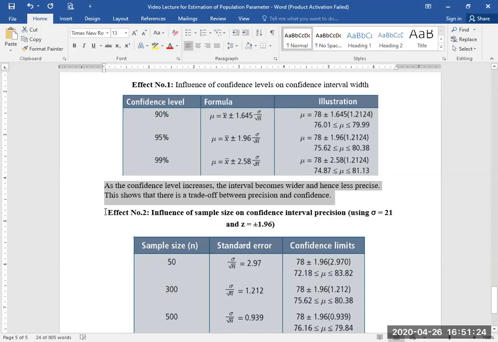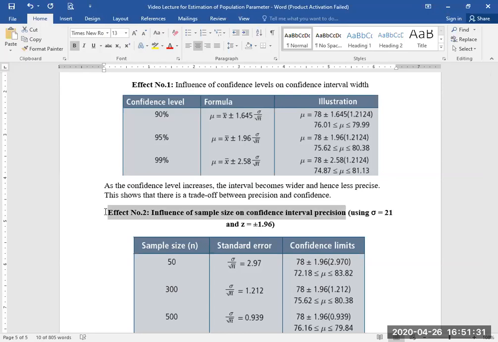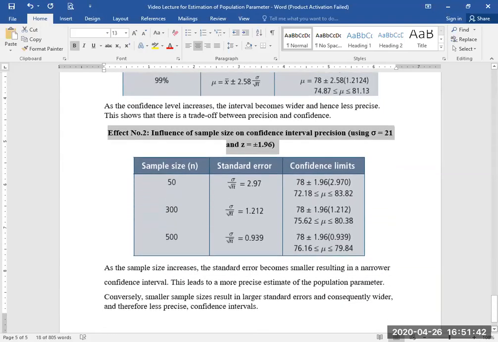Okay, students, effect number two, the influence of the sample size on confidence interval precision. In this example, sigma is 21 and the z score is 1.96, which is fixed from sample to sample. Students, in the samples, the sample sizes are 50, 300, and 500, and the corresponding intervals are calculated in the third column.